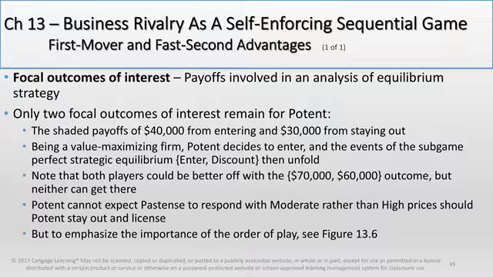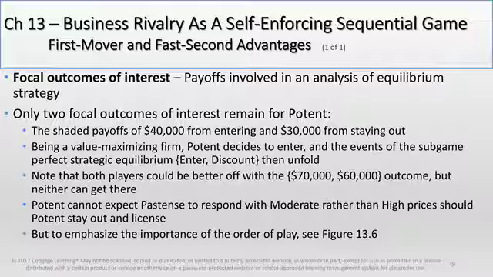Entry deterrence 2. Revised order of play. Pastinence moves first and announces its pricing policy: high, moderate, or discounted. Potent responds, enter or stay out. Endgame reasoning, Potent's best replies: if high, Potent enters and the incumbent gets 0.